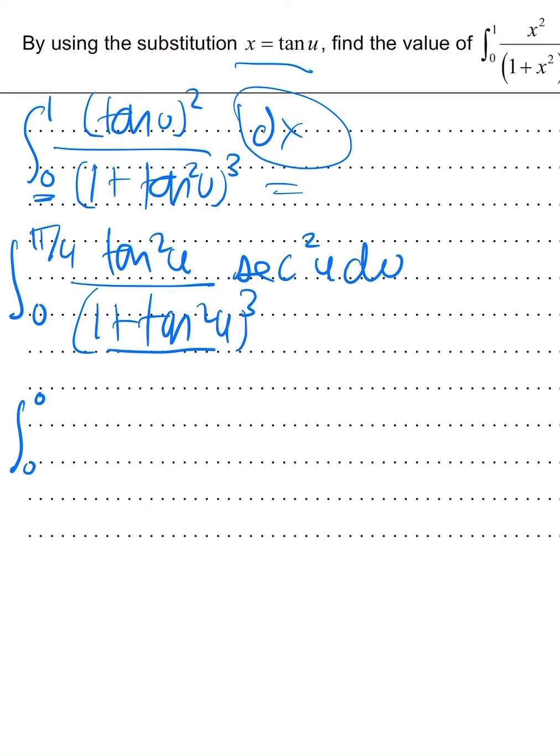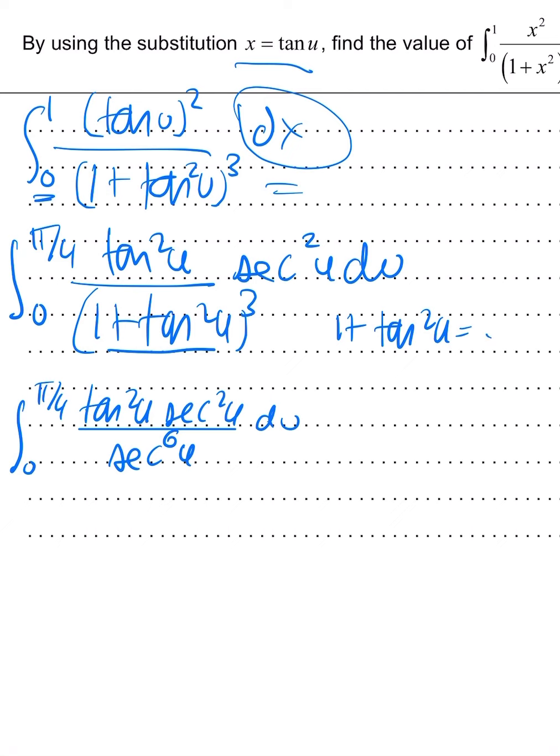Secant squared cubed is secant to the 6th. So far so good? Does that make sense? Right, that's in your Pythagorean identities in your formula booklet.